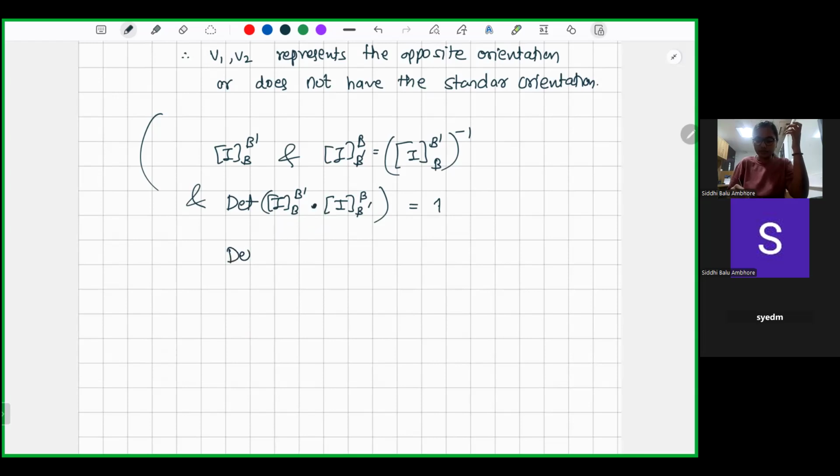So the determinant of I from B dash to B will be 1 by the determinant of I from B to B dash.